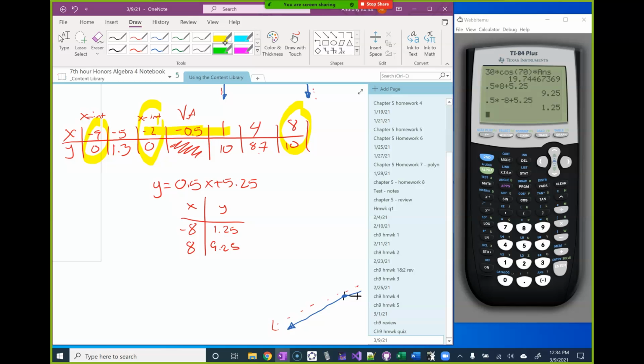The distance between these points is 1.5 units, so I picked that point to also be 1.5 units. The distance here was 3, so I picked this distance to be 3. And this distance was 4, so I picked that distance to be 4. That's kind of what I was doing in my head.